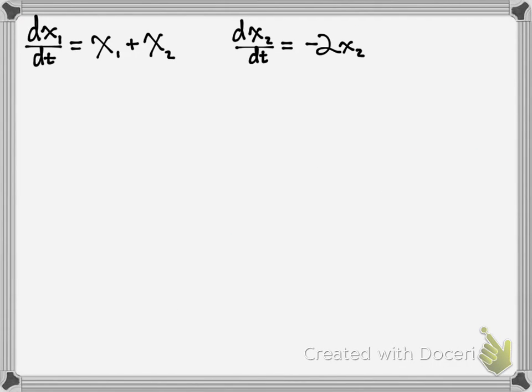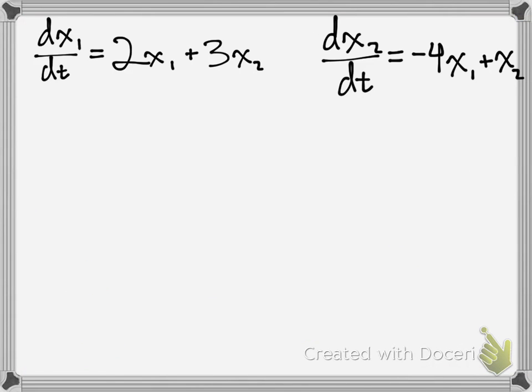Okay, so let's go back to this problem here. We'll start by utilizing the coefficients. You're going to pull them out, and the order is going to be x1, x2, and x1, x2. So our x1, just going to pull out the coefficient, is 2, and then 3.